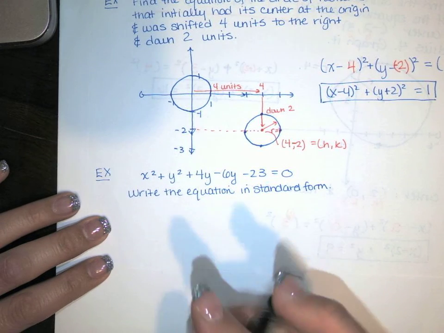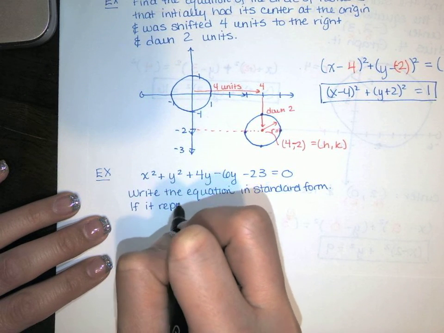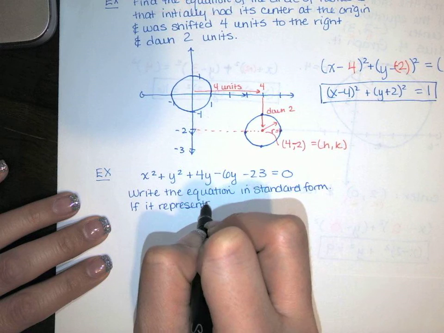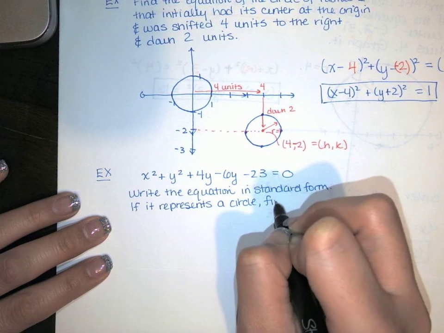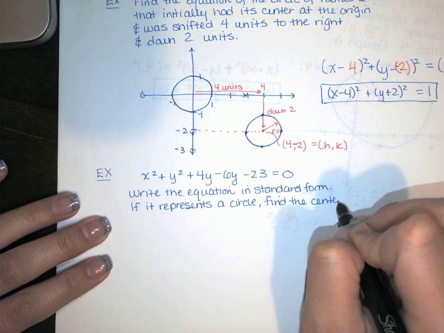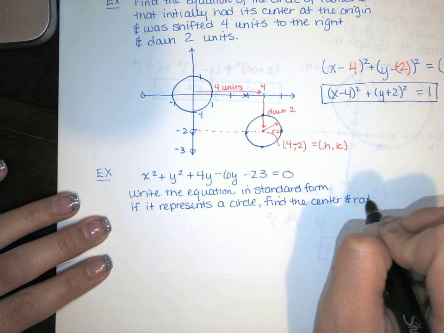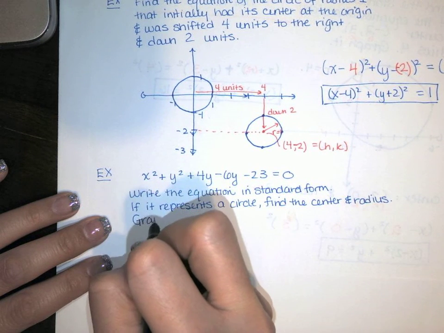If it is a circle, you might want to find the center and radius of that circle. And then of course we can always graph it.